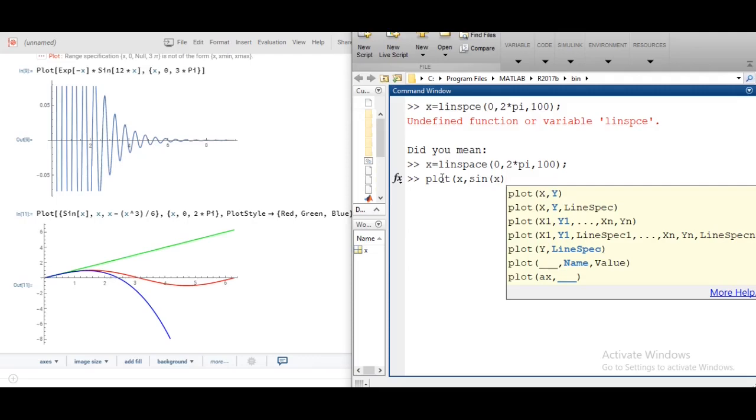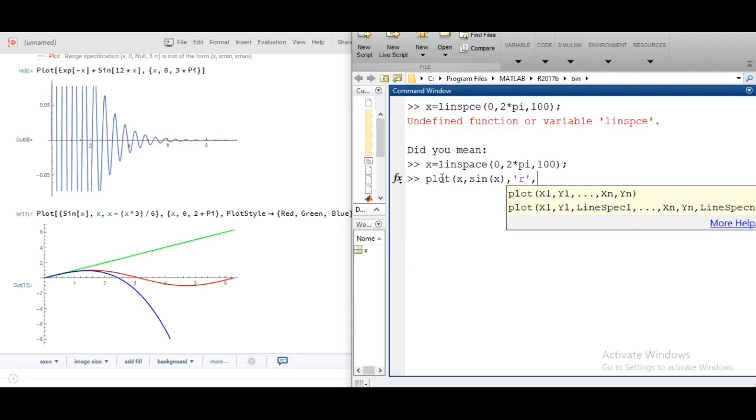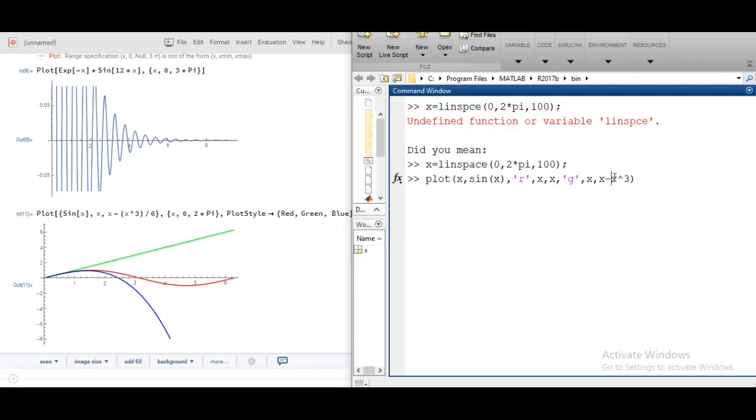Then the second function is red in color, so we write red, R. The second one is x comma x, and here it is green, so G. Then the third one is graph between f and x: x minus x cube by 6.